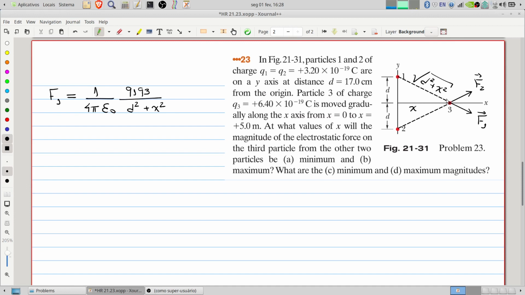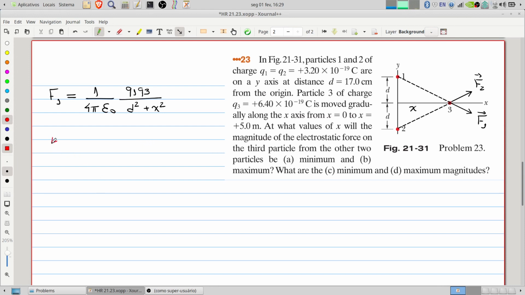and the force acting on particle 3 will be only in the horizontal direction, because the forces in the vertical direction will cancel each other. Here we have the projection of F2, and here we have the projection of F1, and these will cancel each other, so it's not necessary to consider the vertical direction, only the horizontal direction.